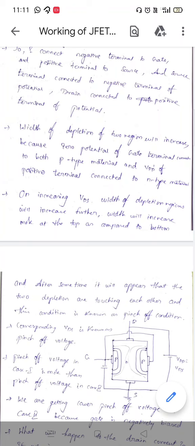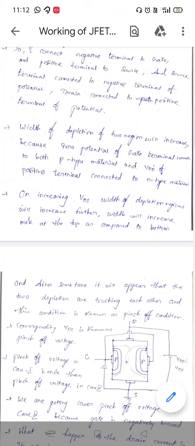So in case 2 also we wish to obtain the same phenomena as in case 1.